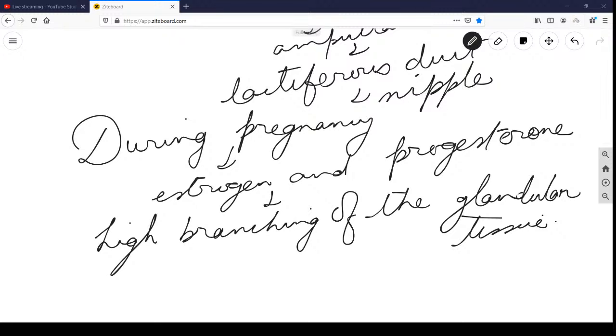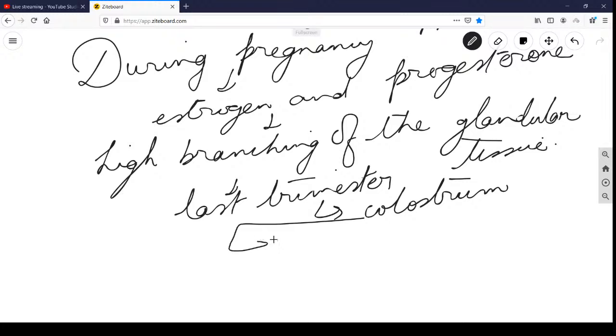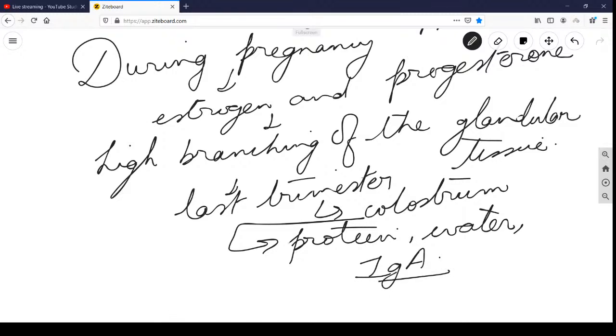It contains water, protein, and also maternal antibody like IgA, secretory antibodies that are present in high amount, and it nourishes the infants before true milk is secreted.